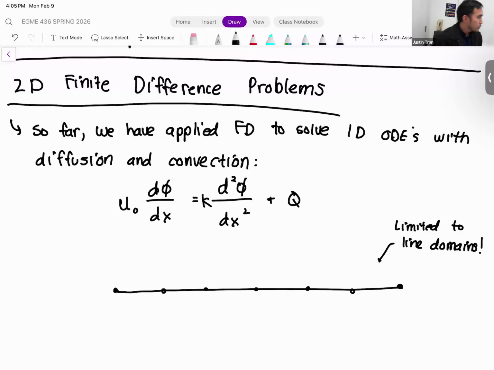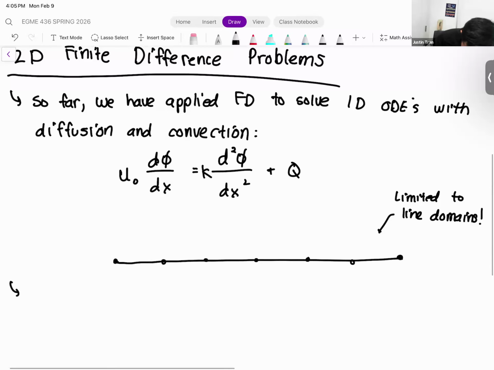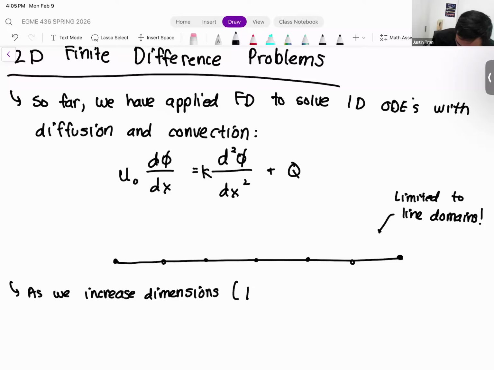Okay, so as we add dimensions, typically what happens is that we add spatial derivatives in those dimensions. So we go from 1D to 2D to 3D.